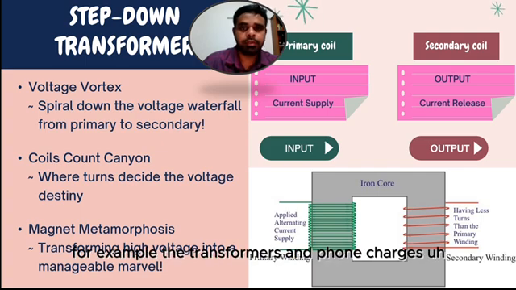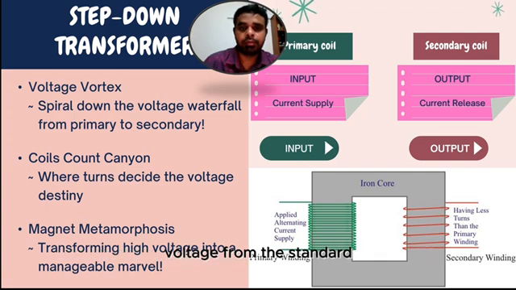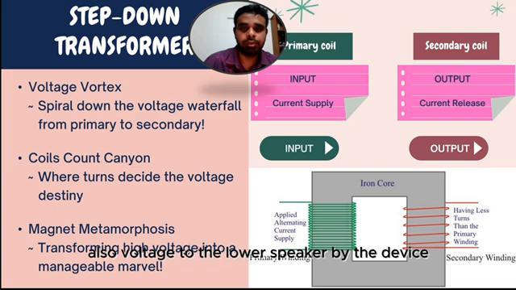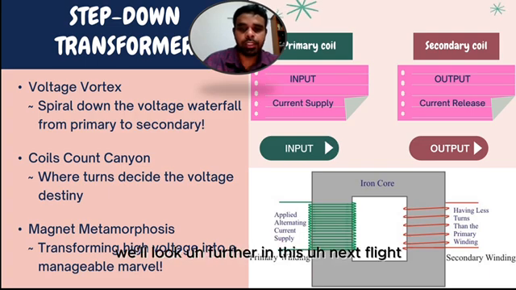For example, the transformers in phone chargers, laptops and power adapters step down voltage from the standard household voltage to the low voltage required by the device. So don't worry, we will look further in the next slide.